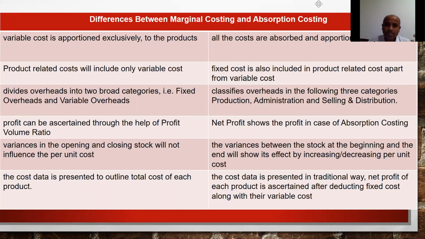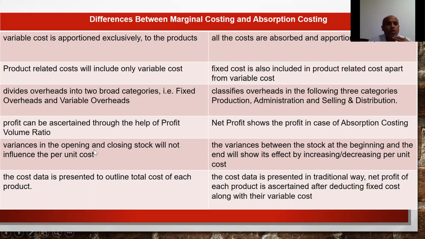So this is another point in marginal costing. Whereas in absorption costing, fixed cost is included in the product also. Variable cost and fixed cost, you can see the overheads are also divided into two parts. Whereas in absorption costing, it is based on the function like production, administration, selling and distribution.